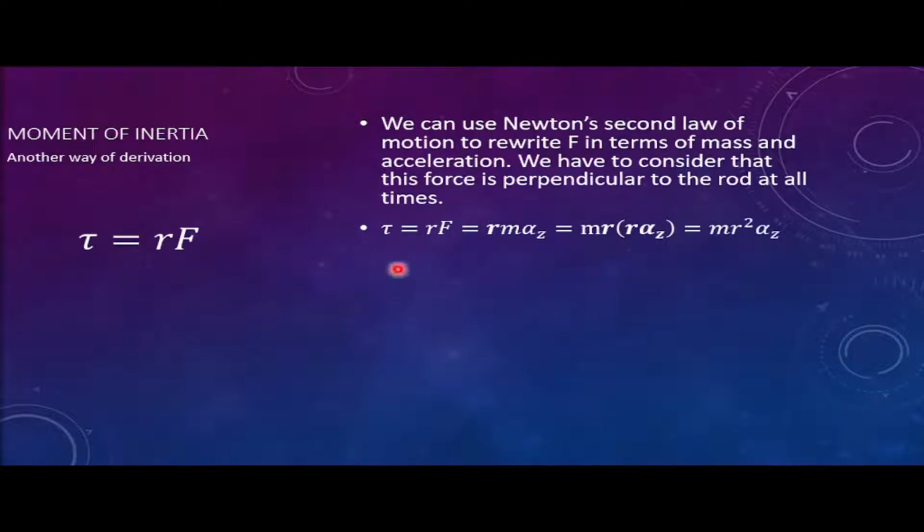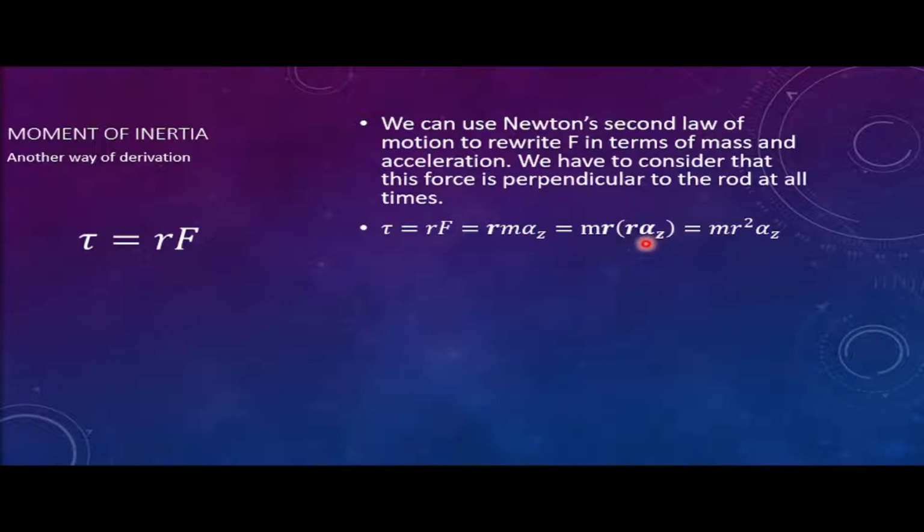Torque is equivalent to r times F, and F is equivalent to m, which is the mass of the object, times the tangential acceleration. This term is Newton's second law of motion, and then the tangential acceleration is given by this term.